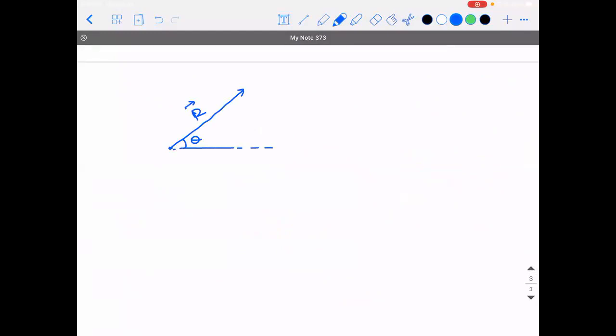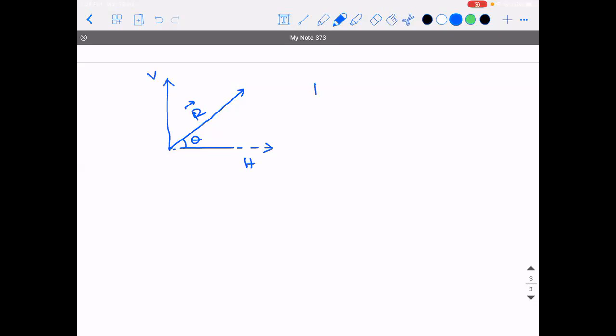The components are supposed to be perpendicular to each other. They should not be perpendicular to the vector. The components into which you're breaking down R should be perpendicular to each other. Means if this is the horizontal component, then this will be the vertical component. Clear, guys?